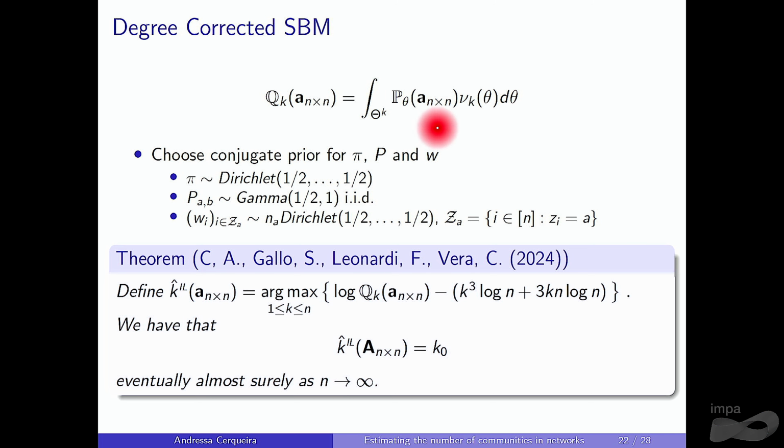So what we did in this case is give a Dirichlet to pi, same thing. But now, since we have a Poisson, I give a gamma distribution with these parameters for each entry of the matrix P in an independent way.